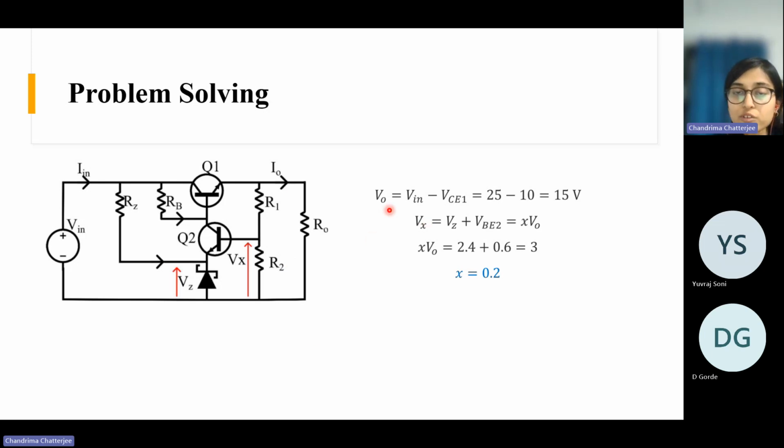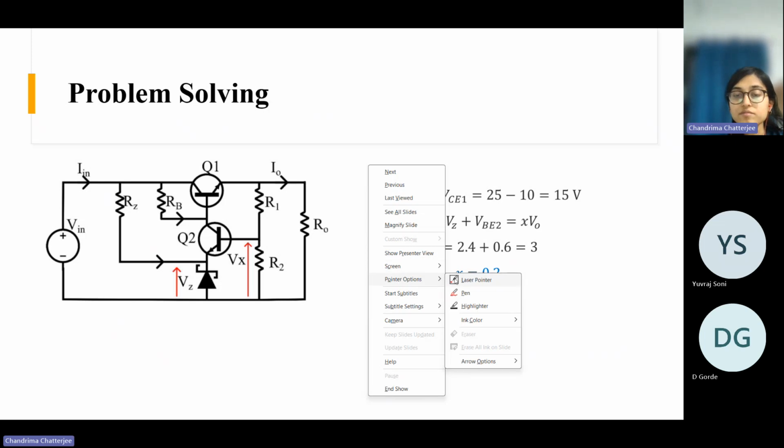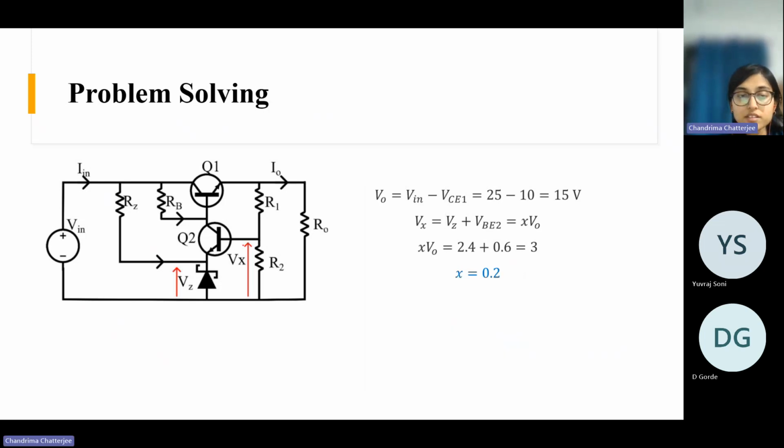So if you have the output voltage, then there is nothing more. And what is this Vx value? If you follow this loop, Vx value is Vz plus VBE2, right? So this is your base emitter voltage and this is your Zener voltage.